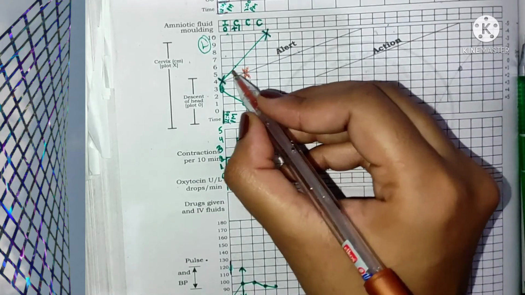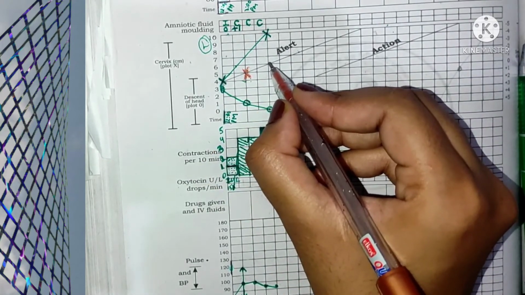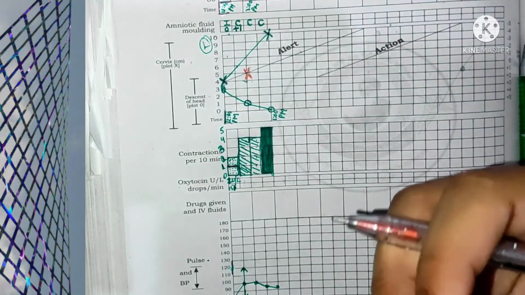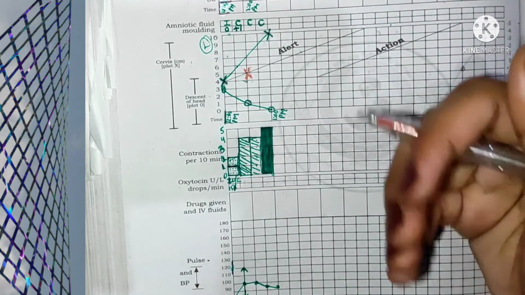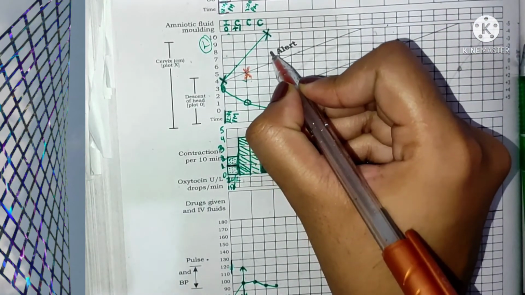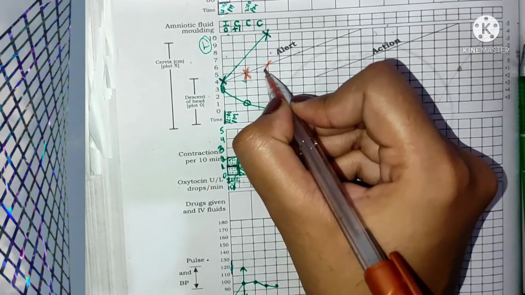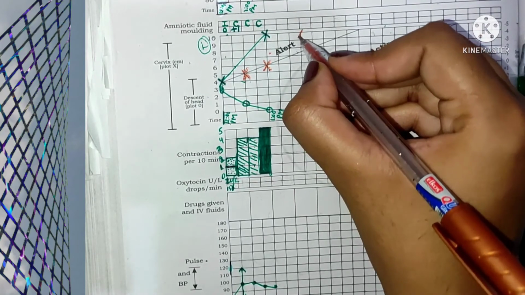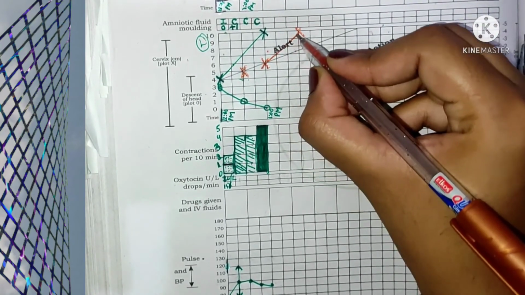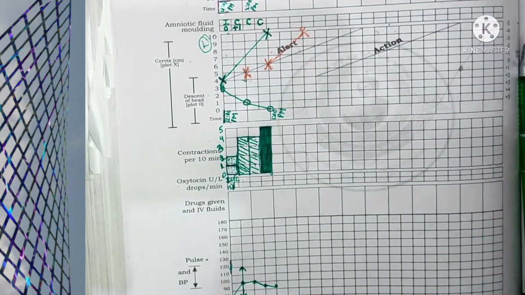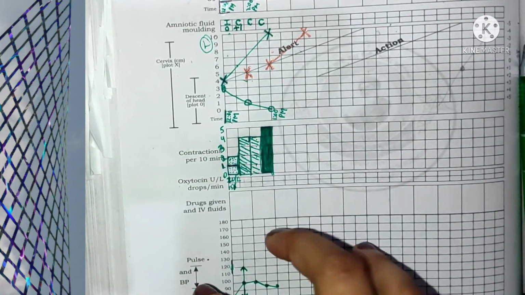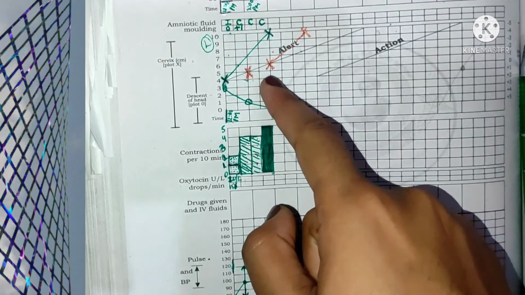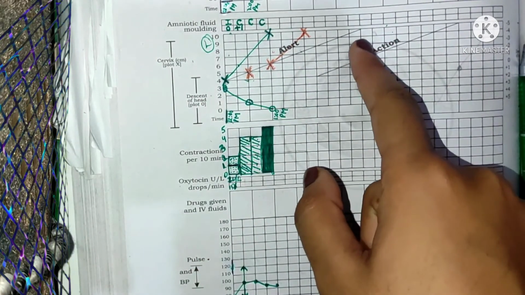Suppose the patient came to you at 6 centimeter dilatation, which you recorded at your first vaginal examination, then you need to place a cross over the alert line over 6 centimeter. Okay, then suppose it went to 10 centimeter, then you are going to place it like this. Okay, always when you're going to start documenting the paragraph, always place a cross over your alert line.